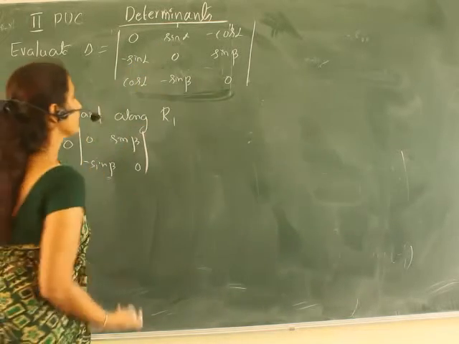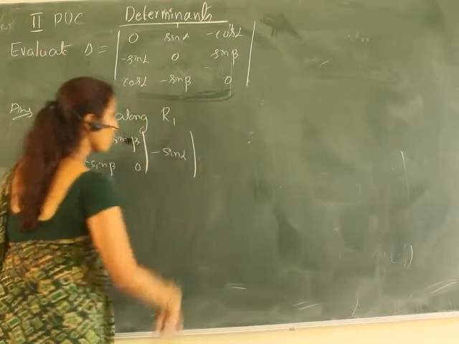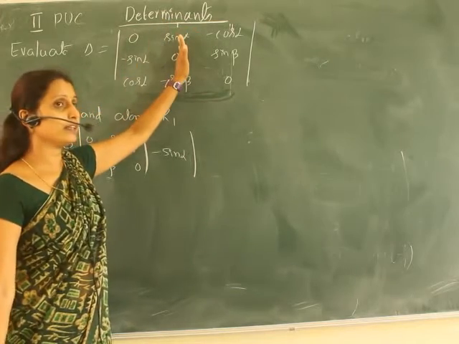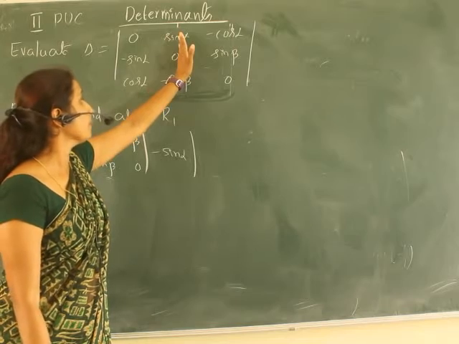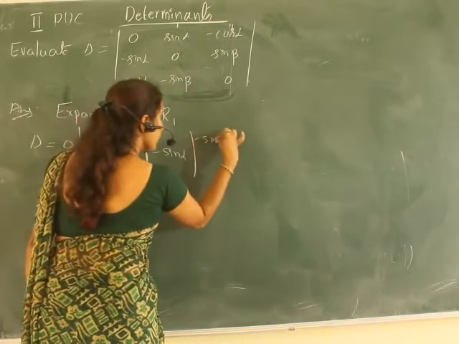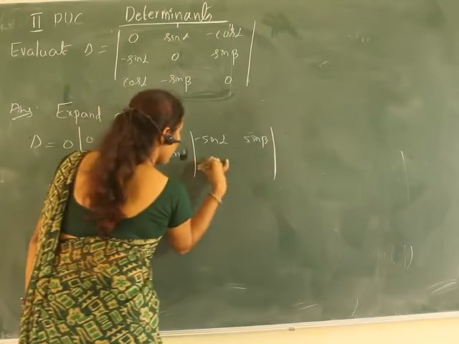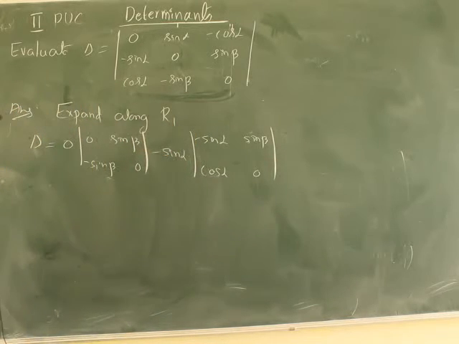Then this will be minus sin alpha into the determinant obtained by deleting first row and second column. So what we get if I delete this one? Minus sin alpha, sin beta, cos alpha, and 0.